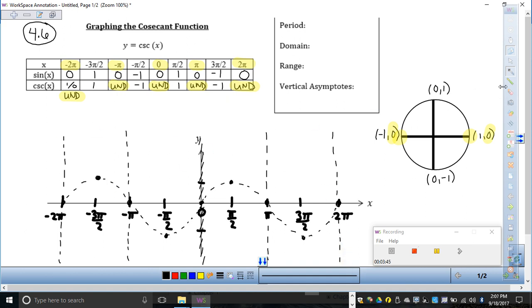Okay, now there are some points that cosecant shares with sine. So at negative 3 pi over 2, the cosecant value is also 1. At negative pi over 2, it's also negative 1. Same thing over here. It's going to share the 1 and the negative 1. And here is the shape. The shape is going to go upwards like this.